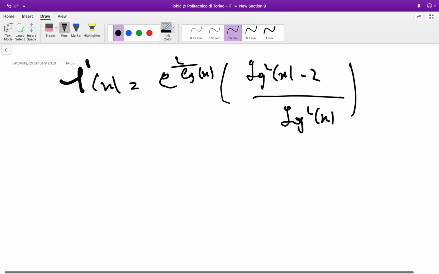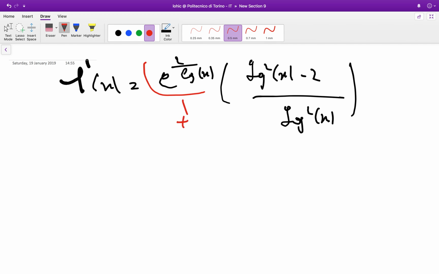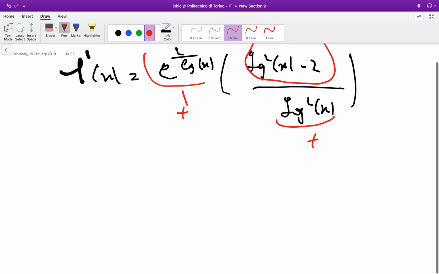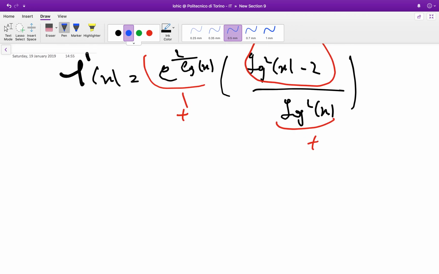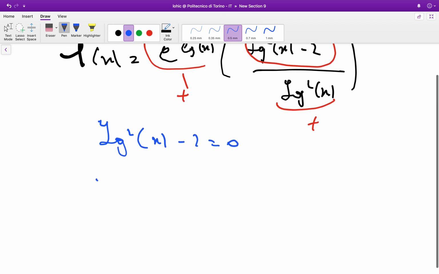This part is always positive, this part is always positive, and we are studying the sign of this part. In fact, we set log square of x minus 2 equal to 0, and we found that the roots are x equal to exponential of minus root 2 and exponential of root 2.